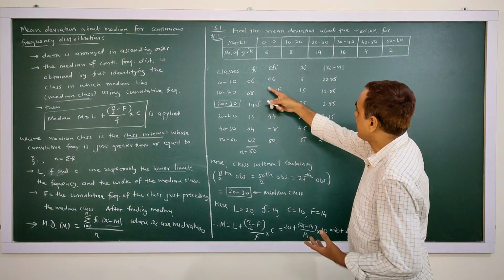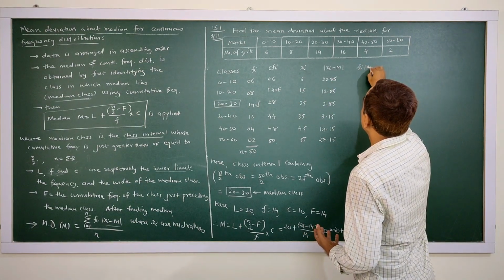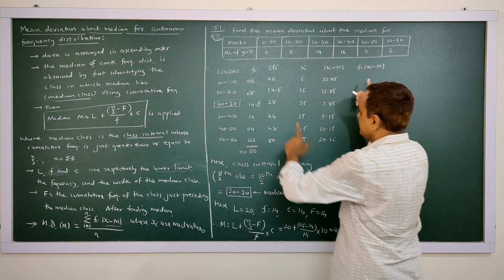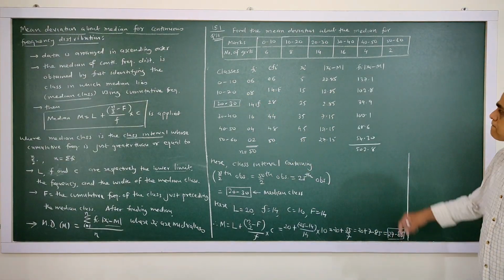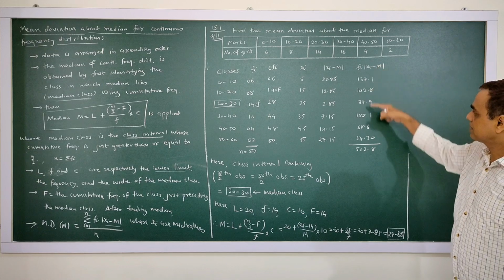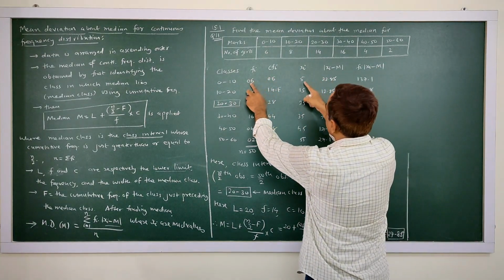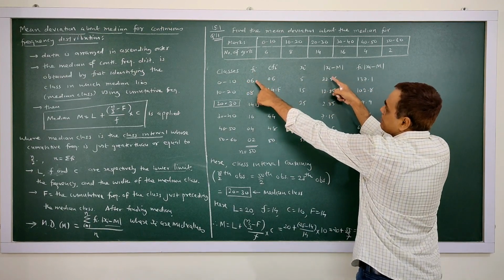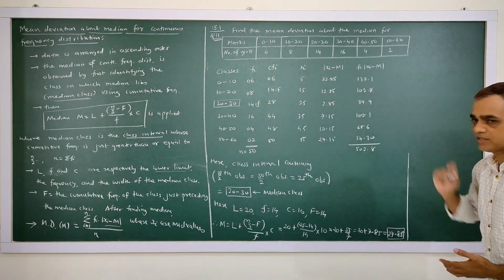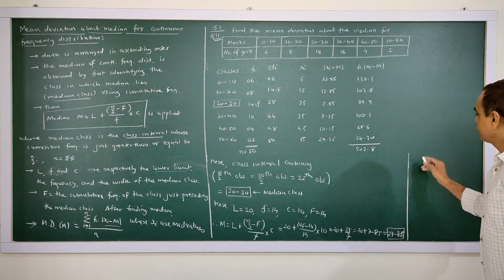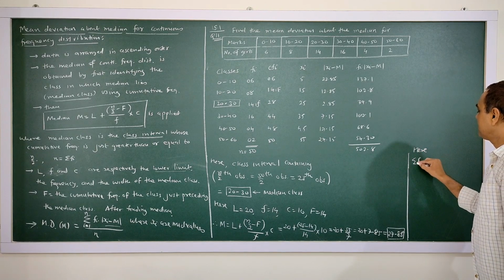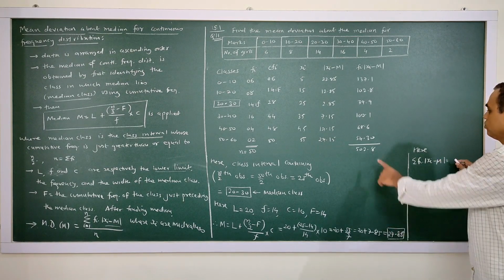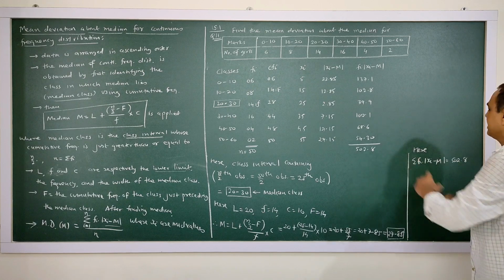Now we multiply this number with fi, so fi into modulus xi minus m. Multiplying these two columns, these are the results, and this is the sum of these numbers. So sigma fi into modulus xi minus m is equal to 502.8.